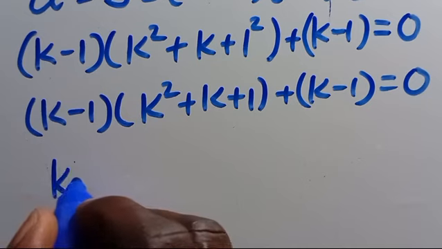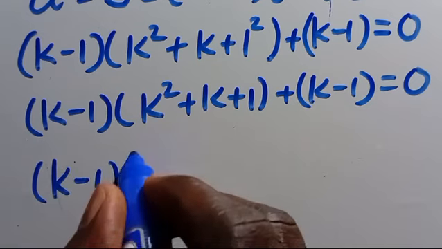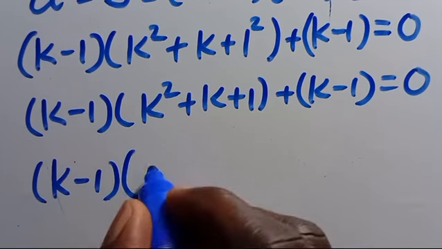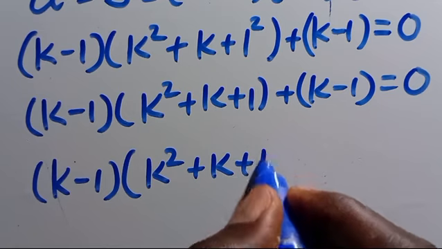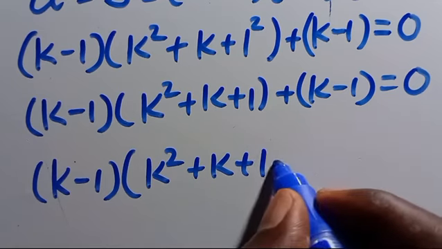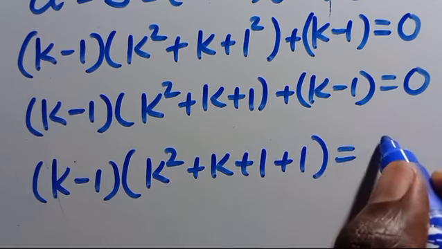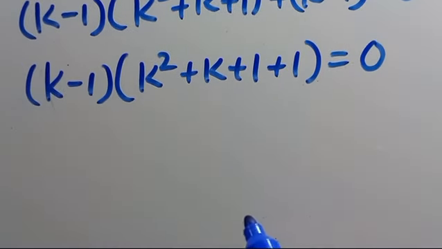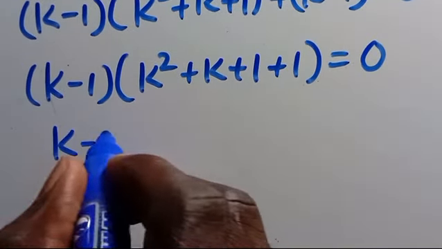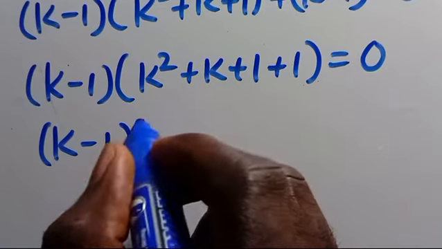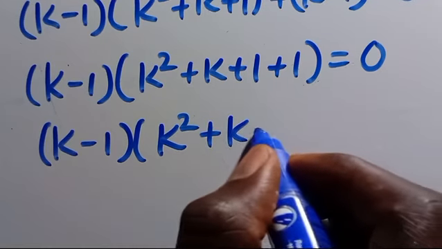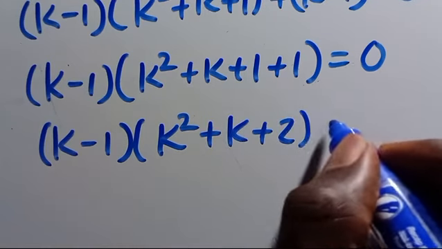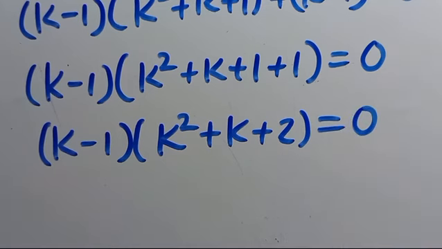So here will be k minus 1 times, the whole of this divided by this gives k squared plus k plus 1, and this divided by this gives plus 1, equals 0. We have k minus 1 times k squared plus k plus 2 equals 0.